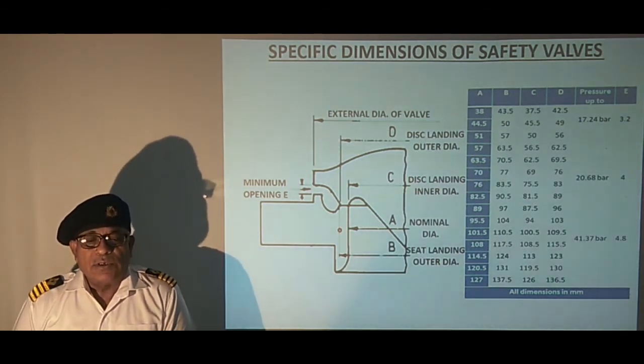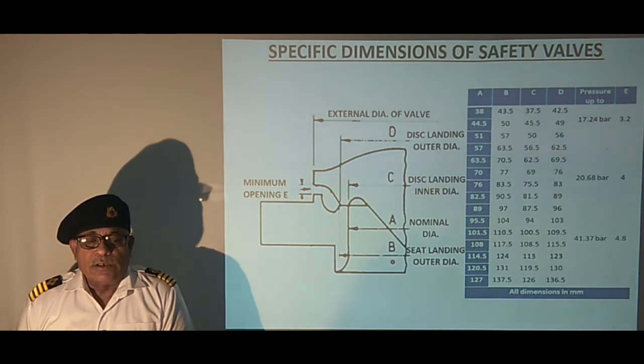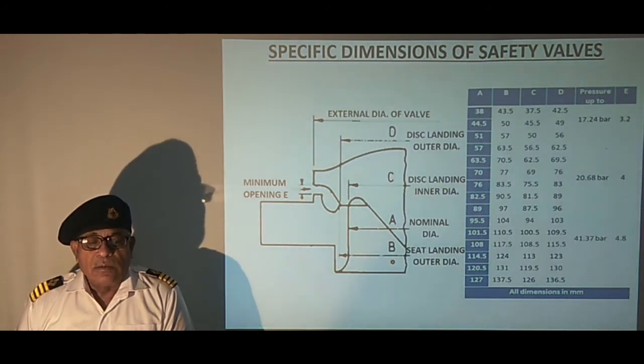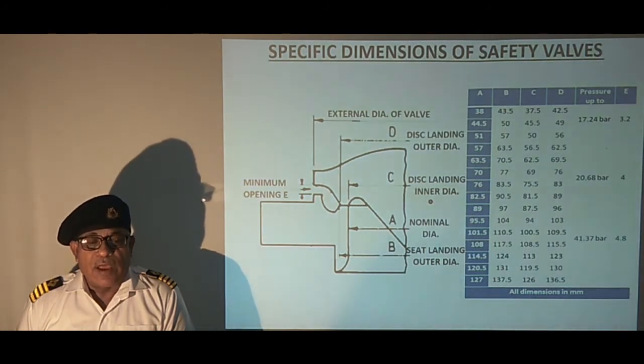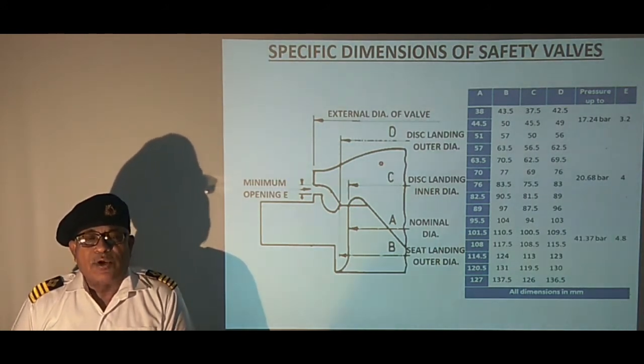The other dimensions are also mentioned. B is the seat landing outer diameter at this point. Similarly, the dimension C is the disc landing inner diameter of the valve disc, and D is the disc landing outside diameter.